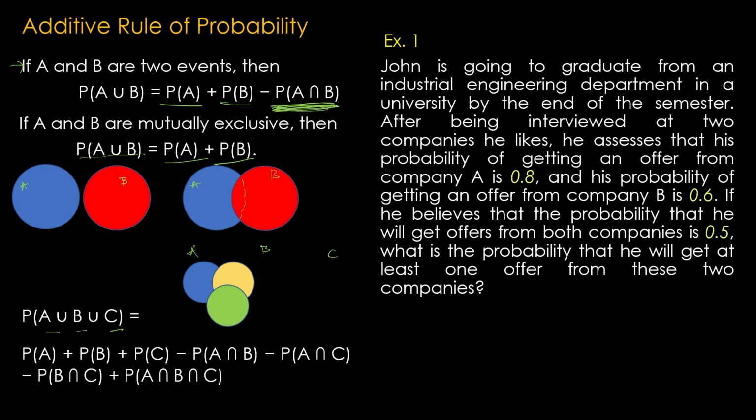And his probability of getting an offer from another company B is 0.6. If he believes that the probability that he will get offers from both companies is 0.5, what is the probability that he will get at least one offer from these two companies?